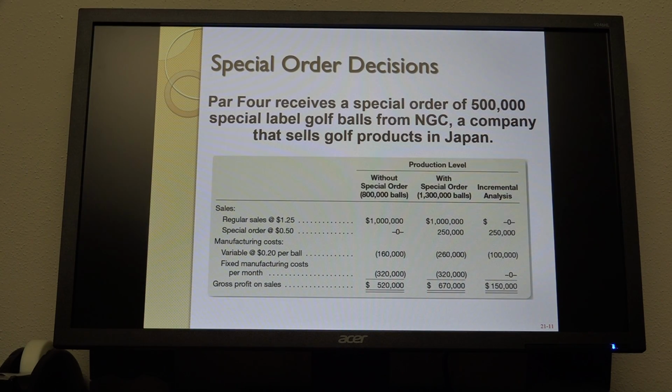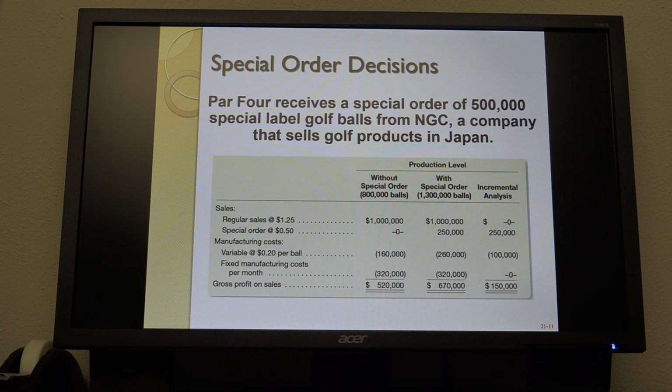So we have an example here of a company called Par 4. They receive a special order of 500,000 special label golf balls from NGC, a company that sells golf products in Japan. Their analysis is thus. In the left-hand column, under production level, they have the sales without the special order and the costs.